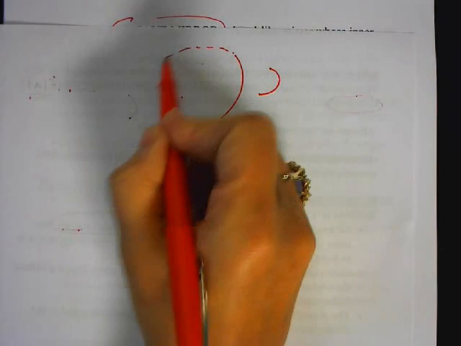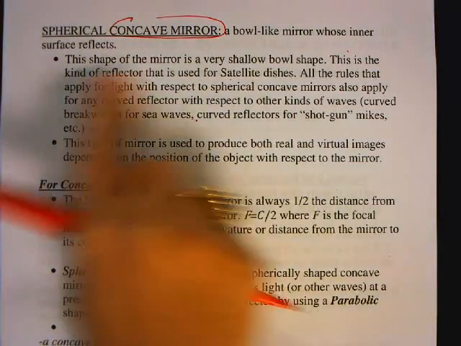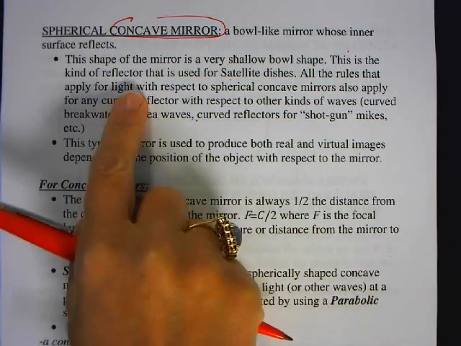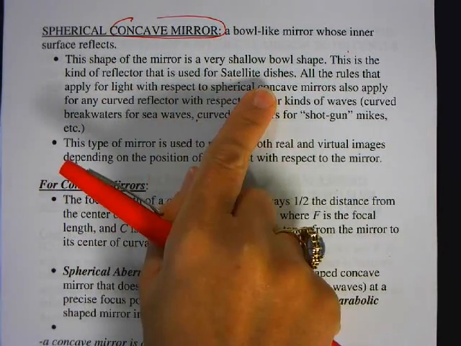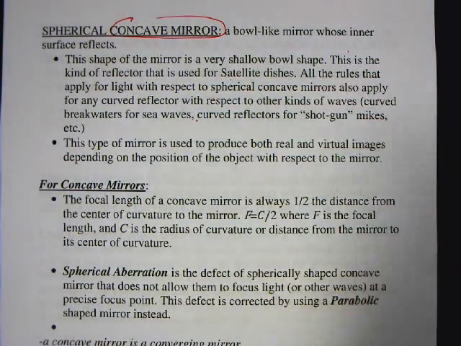And what we're going to see is that this curvature depends on if I was going to actually complete the circle, you see how much it's curved. Okay? So the shape is a shallow bowl shape, and this type of reflector is used for satellite dishes. Okay? It's used for many different things.